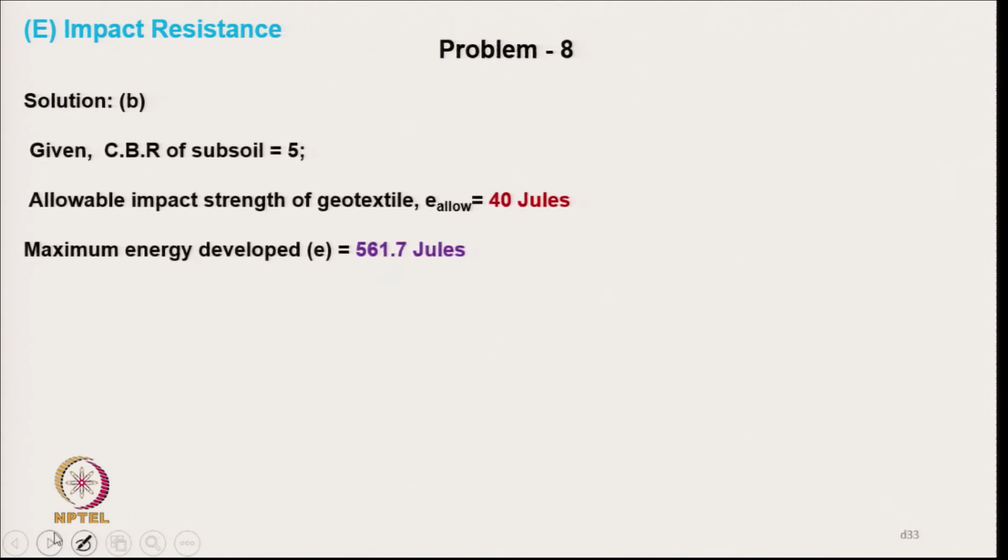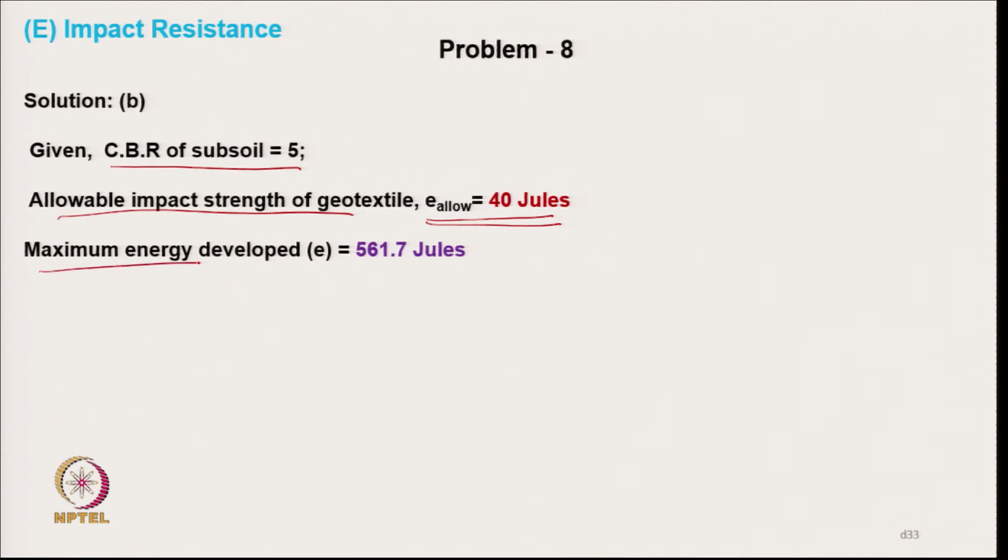Now, we know that the CBR value of the subsoil is 5, it is a soft subsoil, that means there will be some modification factor. The allowable impact strength of geotextile is 40 joules, that is the maximum impact strength allowed.